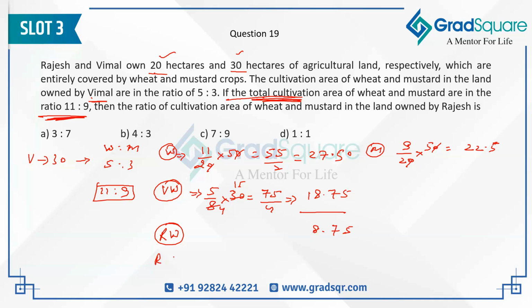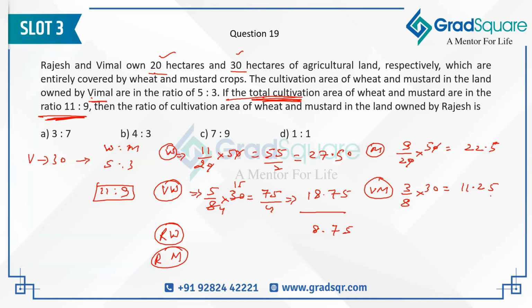Now Rajesh's mustard area is something that we need to calculate. If I look at Vimal's mustard area, that is equal to 3 by 8 of 30, which is going to be 11.25, because the total was 30 and 18.75 is gone.